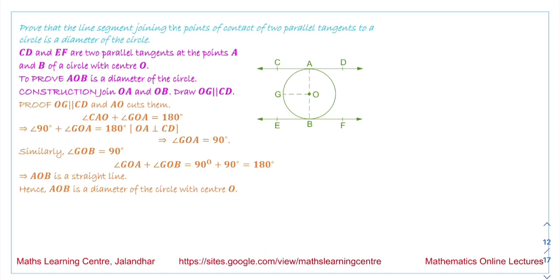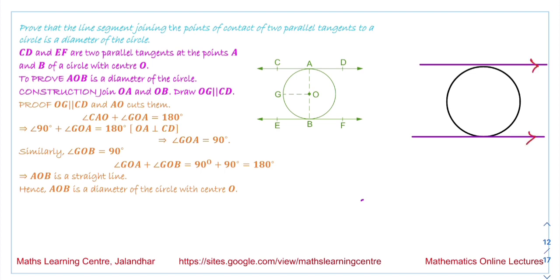So we are saying a circle is given to us and two parallel tangents are given to us. Suppose this is one tangent that is given to us and this is the second tangent we are talking about. These two tangents are parallel to each other. This is given to us. And we have to prove that the line segment joining these two tangents, suppose this is the point A and this is the point B, and this is the line segment joining them.